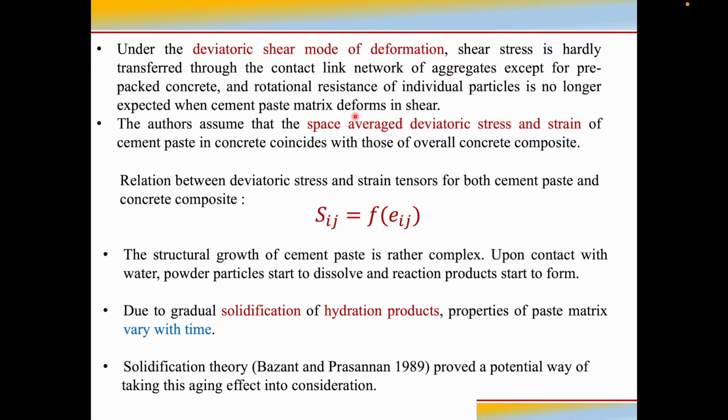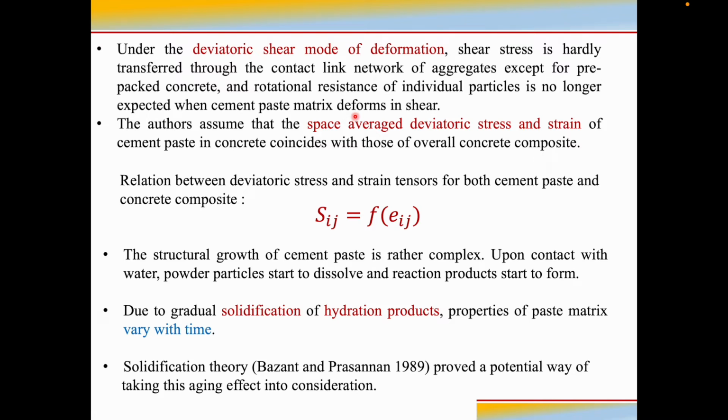Here are some things we need to know before we go further to the calculation. Under the deviatoric shear mode of deformation, shear stress is hardly transferred through the contact link with the network of aggregates, except for prepackaged concrete, and rotational resistance of individual particles is no longer expected when the cement paste matrix deforms in shear.